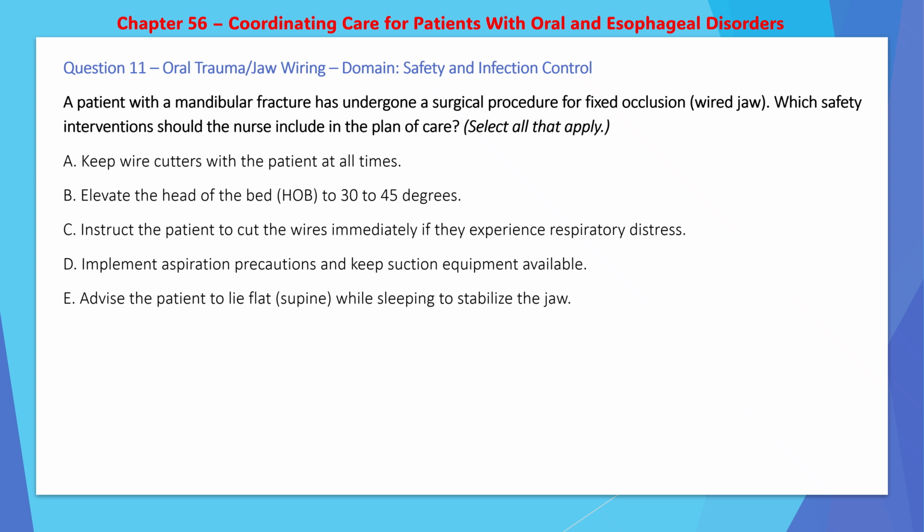The correct answers are: keep wire cutters with the patient at all times; elevate the head of bed 30 to 45 degrees; instruct the patient to cut wires immediately if they experience respiratory distress; and implement aspiration precautions and keep suction equipment available.